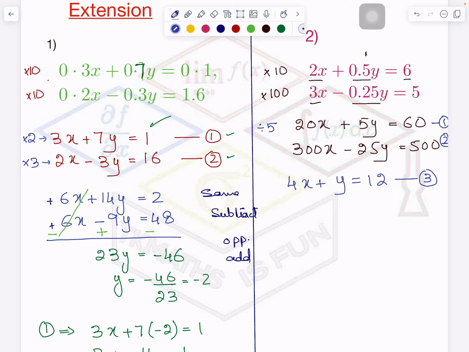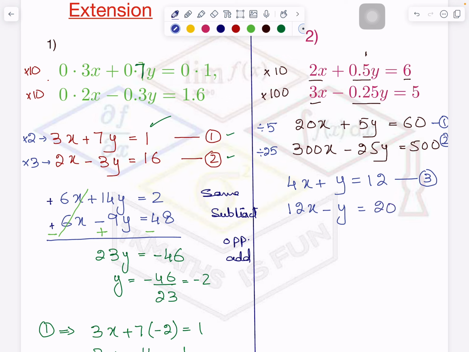And this whole equation I can divide by 25. So 300 divided by 25 is what? 12x minus y. 500 divided by 25 is what? 20.